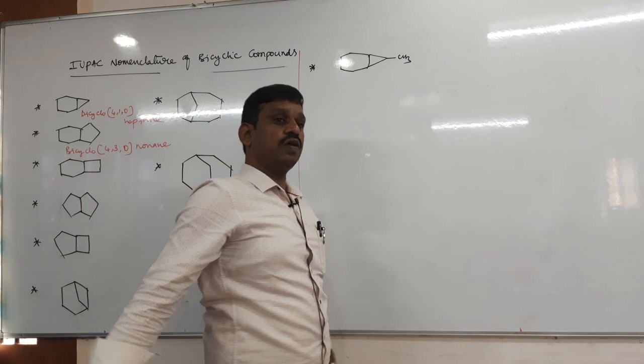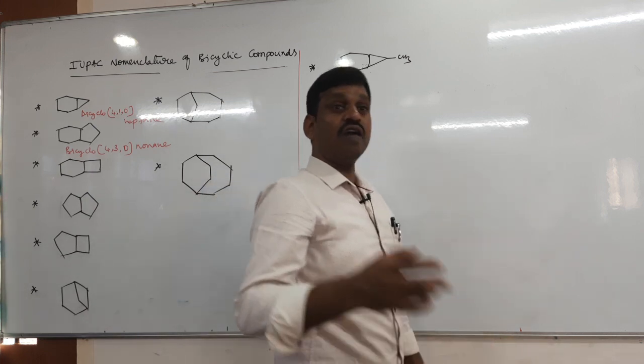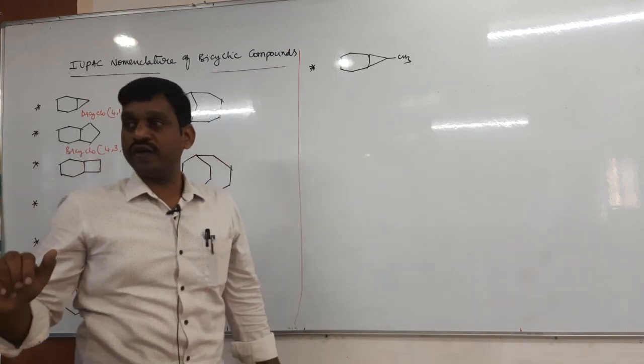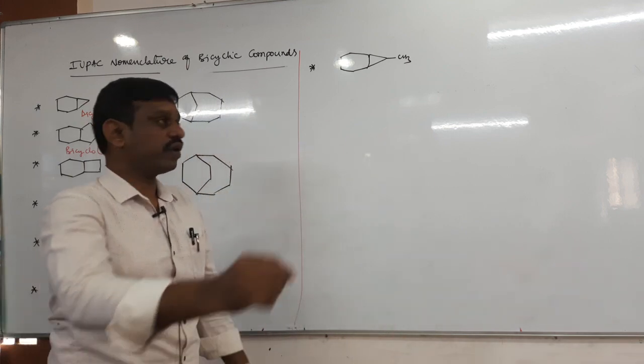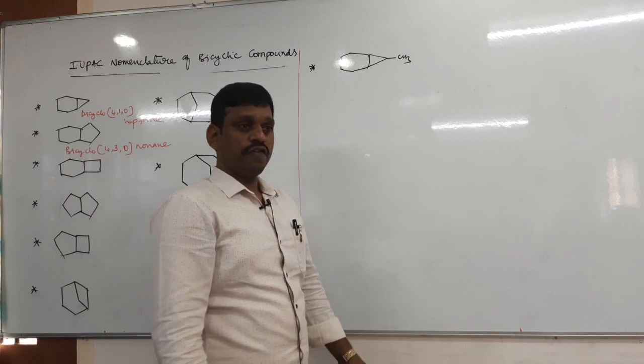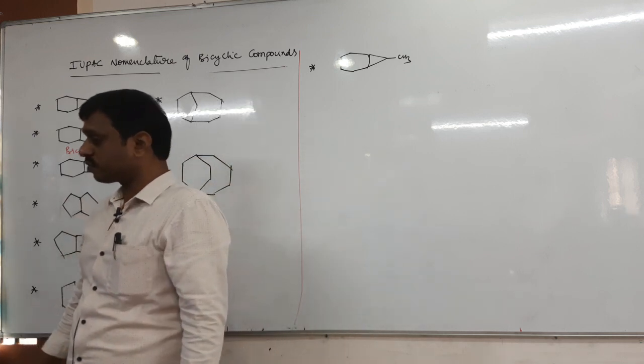But when there is a methyl group or double bond or triple bond or functional group, then numbering should be given. So how do you give numbering and what is the IUPAC name? Okay, write this statement.